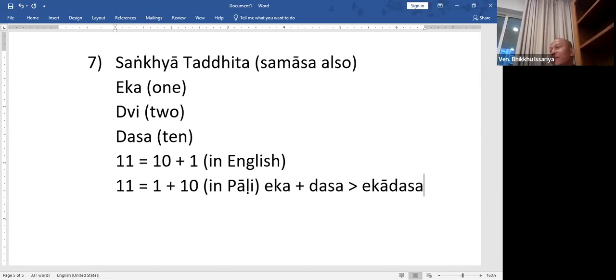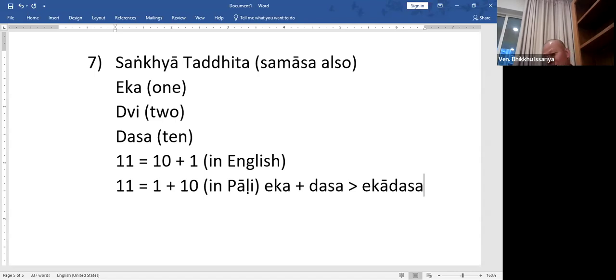So you see, there is no suffix there. The previous six types are with the suffix, but in this, no. Just two words join. That is why some scholars' idea is that this one should belong to samasa, two nouns together. But most scholars' idea is that this one is also Taddhita, or Sankhya Taddhita, like that.